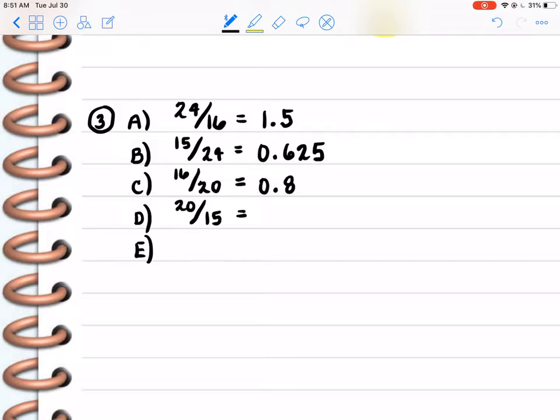And 20 to 15 is 1.3s that just keep going. That is still less than 1.5. And then cows, 24 to pigs, 15. So 24 divided by 15. It's a good thing that I went through all of them, because 1.6 is the greatest, and that would mean option E is the answer. So always test all your options.